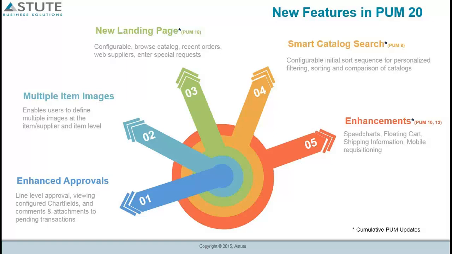There is a smart catalog using the secure enterprise search, which gives you exactly the results you want, very quickly, and you can sort and filter the search results on categories and catalogs. And then other enhancements such as the speed charts, which are available to see on the requisition line, and the floating cart, which always stays with you while you're looking for the items to be added to your requisition.